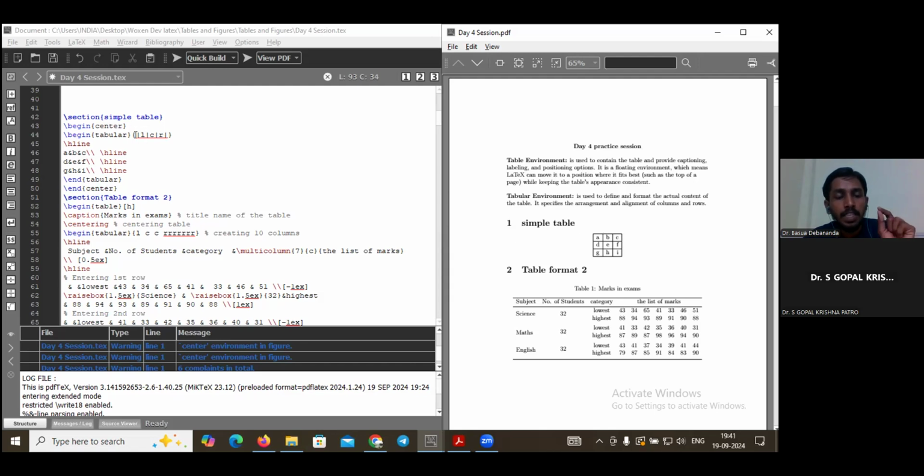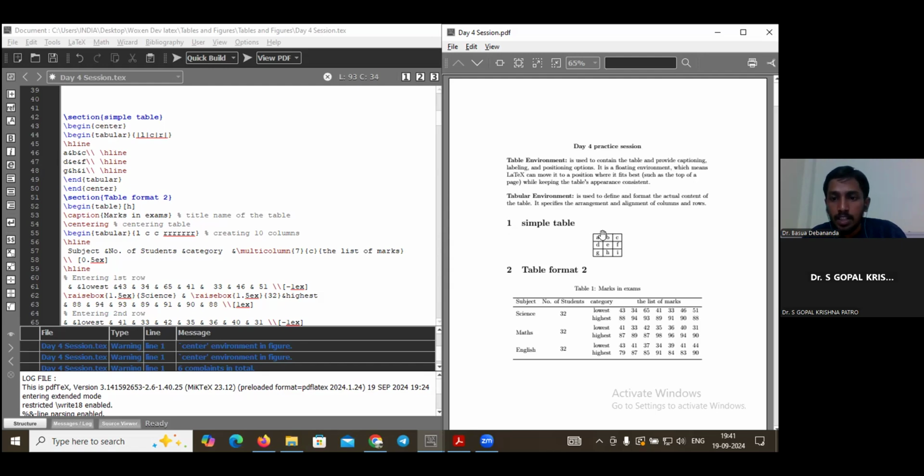For the column separation I am using ampersand, and for the row separation we are using double backslash. Now coming to the table. What is \hline? \hline means horizontal line. The first line, I need this line, so we have to write \hline.